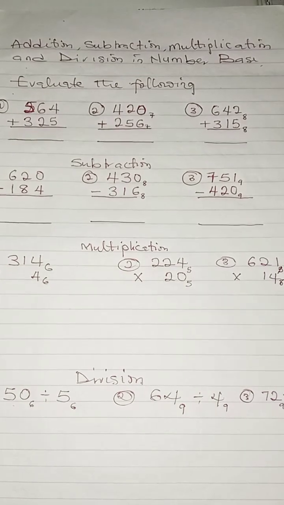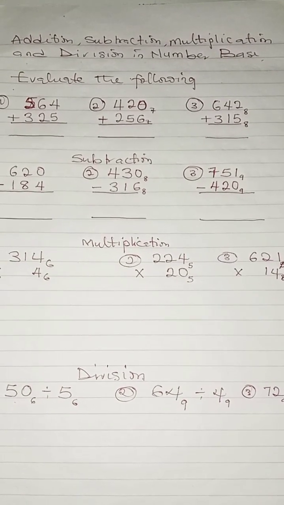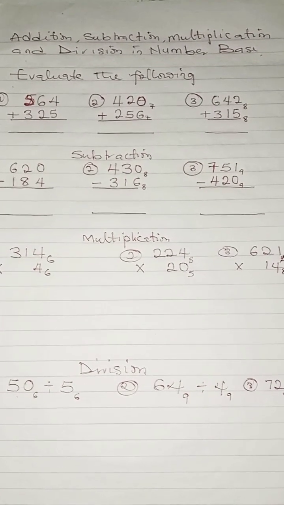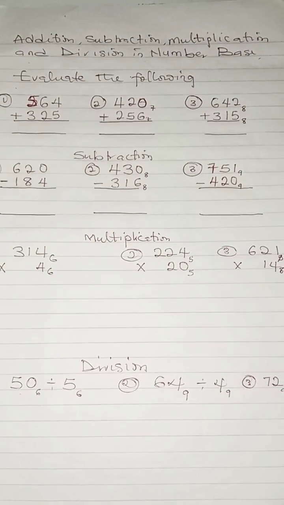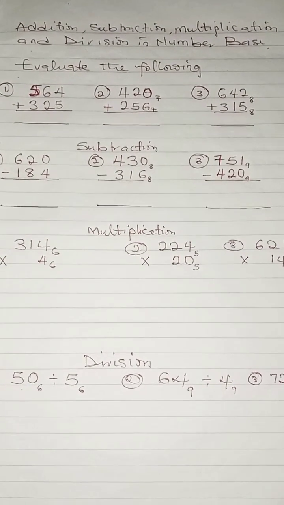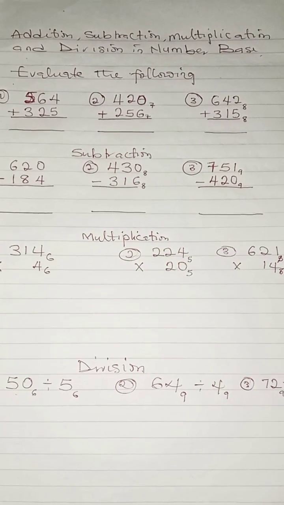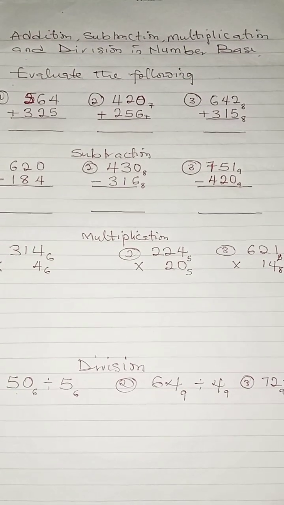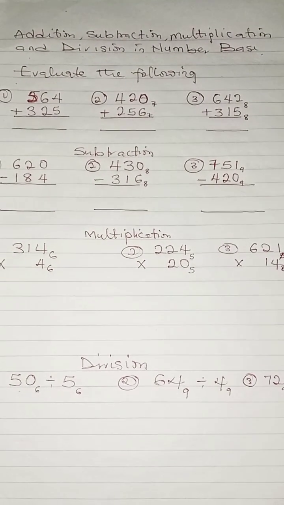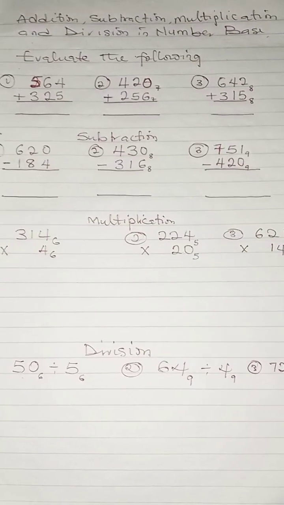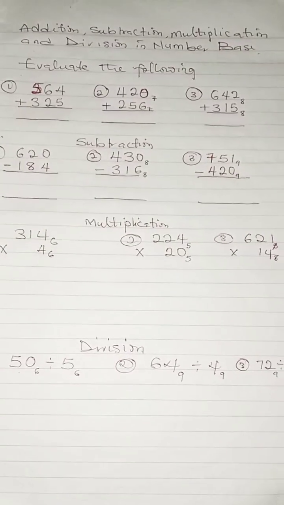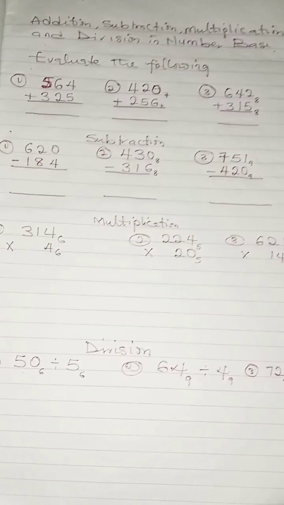We're going to be evaluating these questions here, and I will encourage you to pick up your writing material. We're going to be teaching you how to add numbers in number base system, how to subtract, how to multiply, and do division work in number base system. It's as simple as you can take it. Just simple. It's not hard. Just follow us. You see how simple it is to evaluate questions.